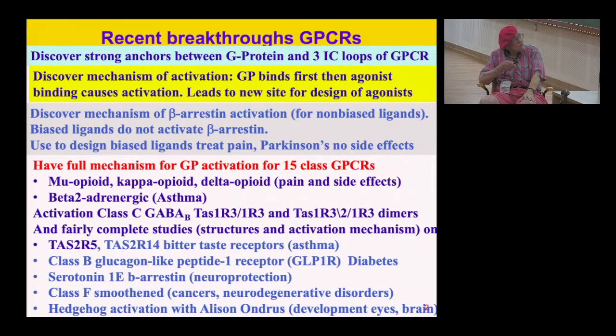And then we've also learned about beta-arrestin activation, which is important for some systems. And I'll talk about this mechanism that we've now established for a number of the GPCRs. And I'll talk about some of the activation methods. And some of the studies we're doing haven't yet led to a new drug, but they are things we're working on.